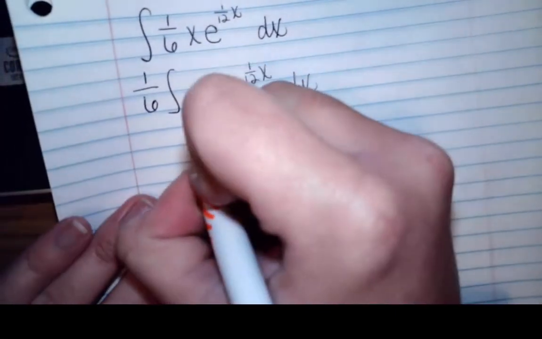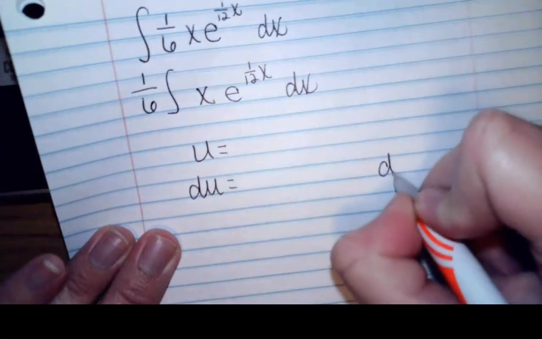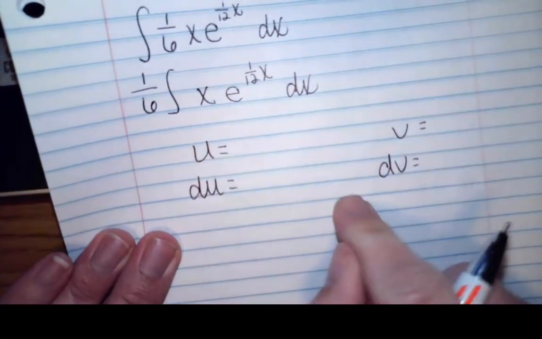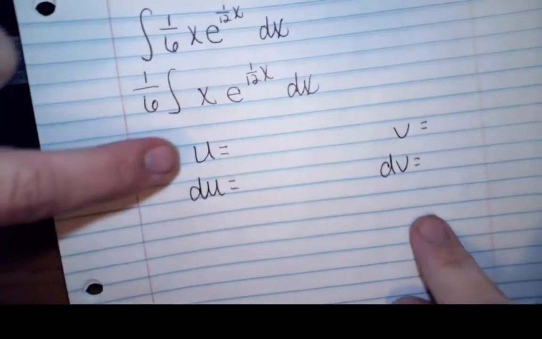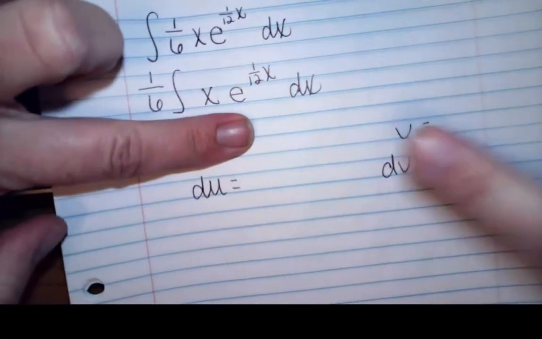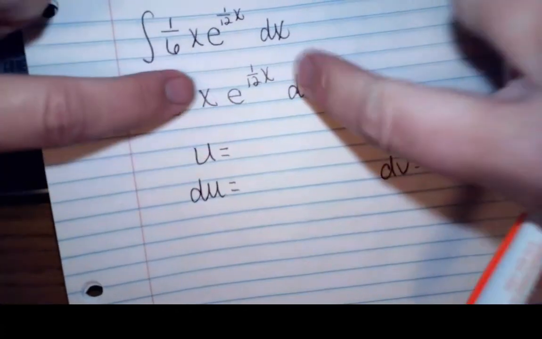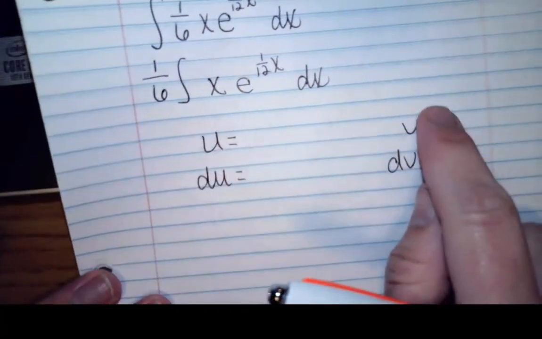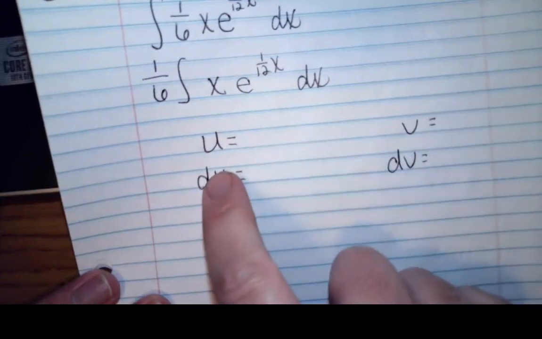So what I need from here, I need a u, I need a dv, and then I'll differentiate and I'll integrate. Okay, so here's how, because I'm a visual person. I'm going to find out this one and I'm going to find out this one. Those are the two that I need to find from here. From there, it's going to be these two multiplied minus the integral of these two multiplied.